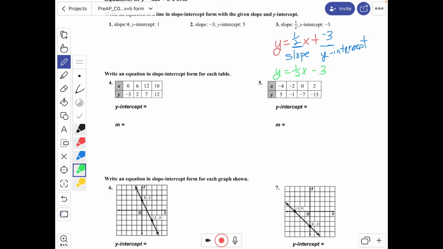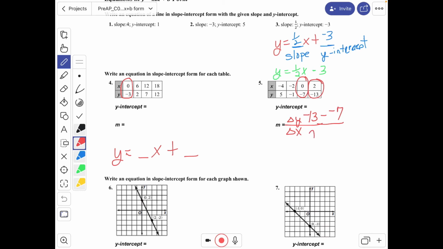The next two, you have tables, and you're going to have to find the y-intercept and the slope, and then put them into that equation: something times x plus the y-intercept. To find the y-intercept, you always look for 0. That's the easy one to find. Then to find the slope, it's the change of y over the change of x. I'm going to pick -13 minus -7.